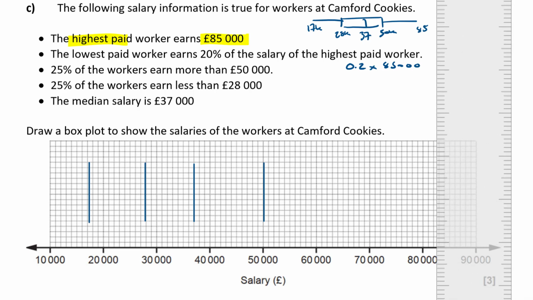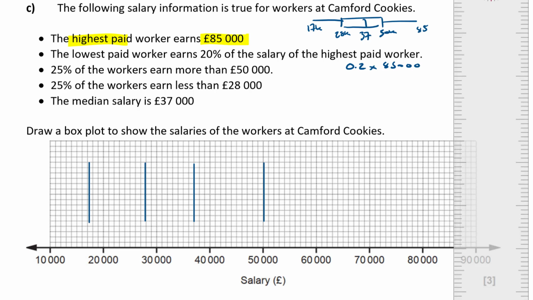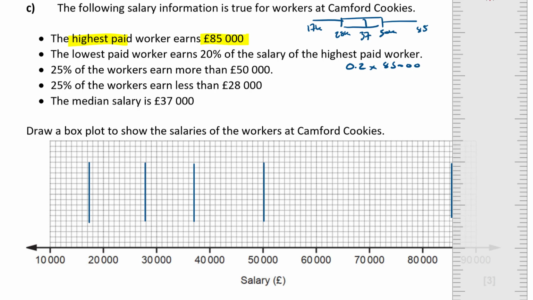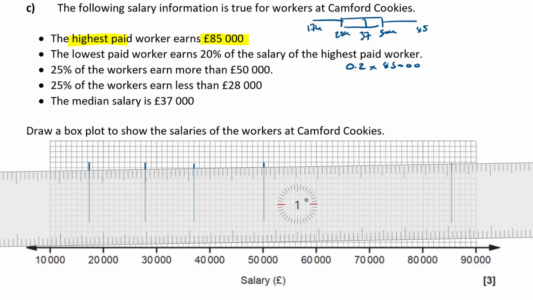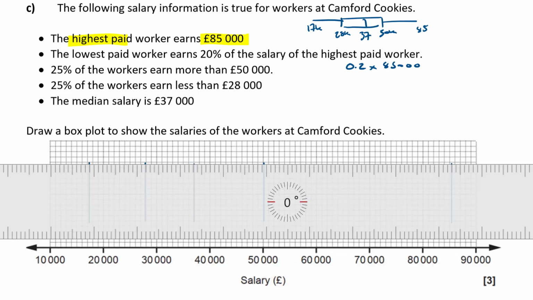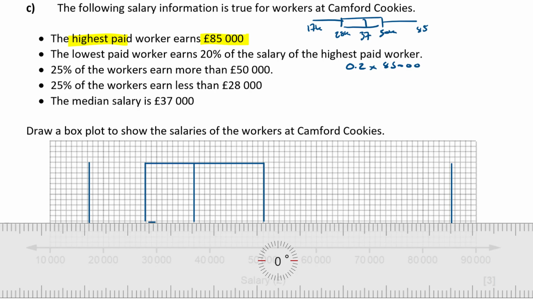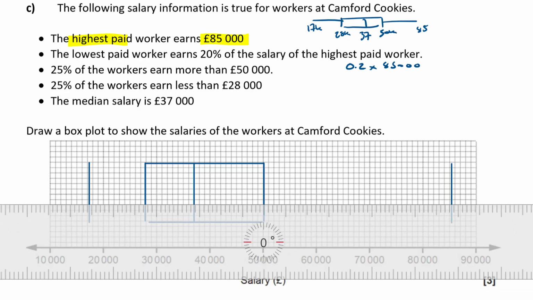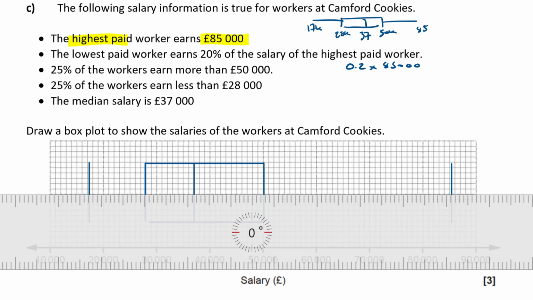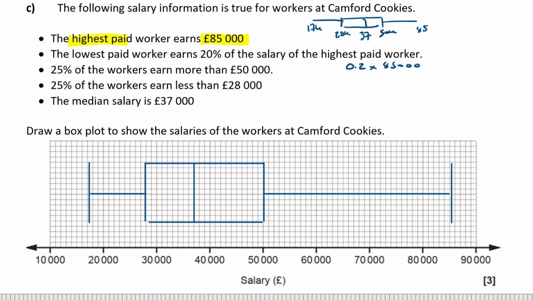So 81, 82, 83, 84, 85, it's that one. Okay, so now I've drawn all the lines, I can form a box in the middle. And then I can draw my whiskers going out to my highest and lowest value. Okay, that'll do. Looks pretty good.